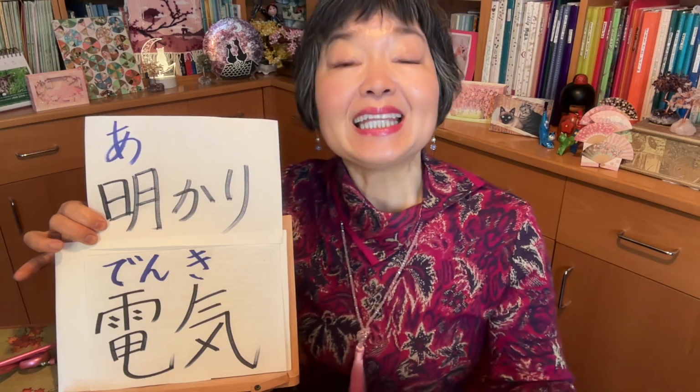It's normally used in poetic and emotional context. On the other hand, denki, this is also lights, but the meaning is like electricity or electrical energy, electrical system. It's artificial light generated by electricity.